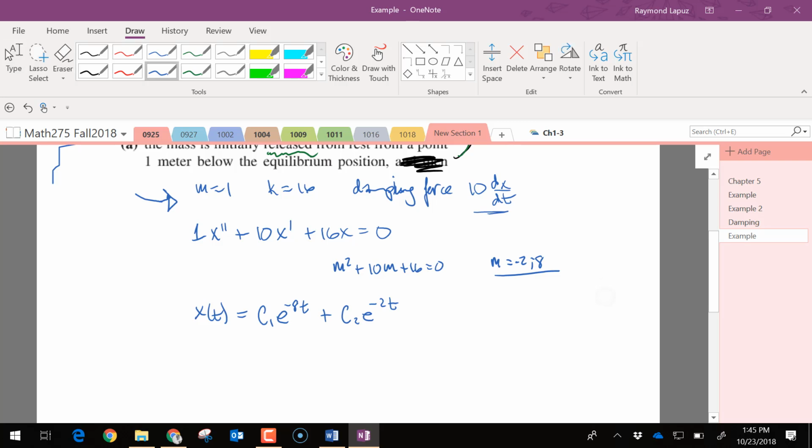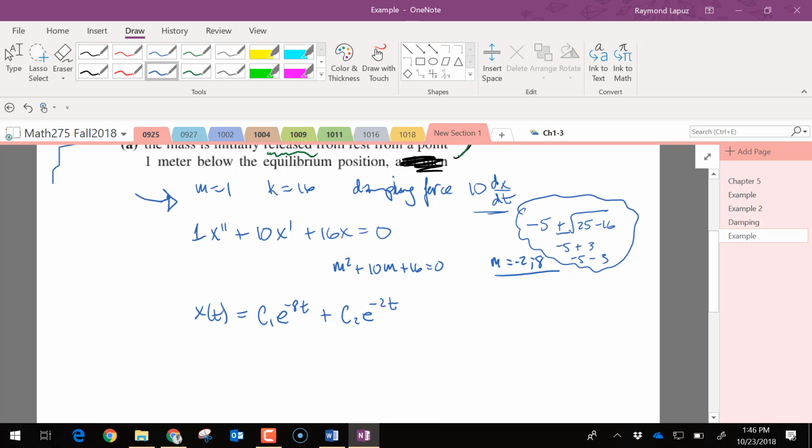So lambda is 5, plus the square root of 25 minus 16, and then minus also, right? So this is minus 5 plus 3. That's negative 2, right? And then minus 5 minus 3, that's negative 8.